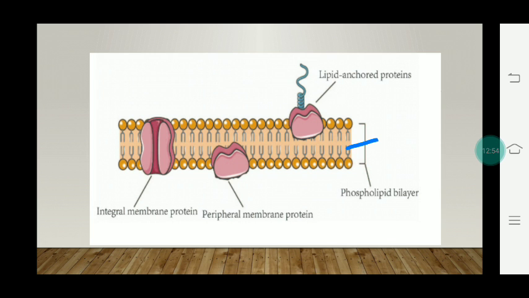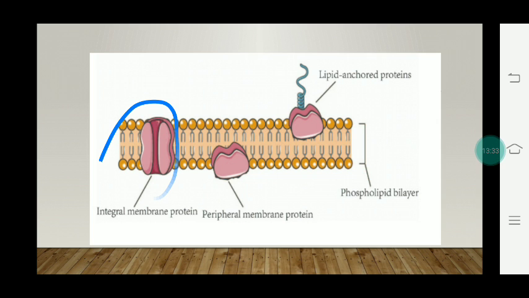And in this video we learned about membrane proteins, which are of two types, peripheral and integral membrane proteins. Peripheral membrane proteins are bound with the hydrophilic head of the phospholipid bilayer, and integral proteins have contact with the hydrophilic head and hydrophobic tail because they are embedded throughout the lipid bilayer.